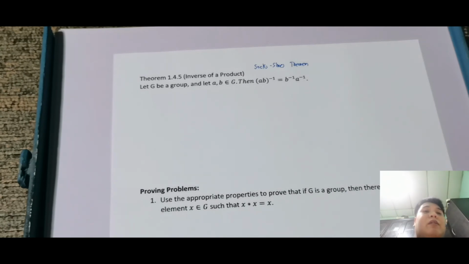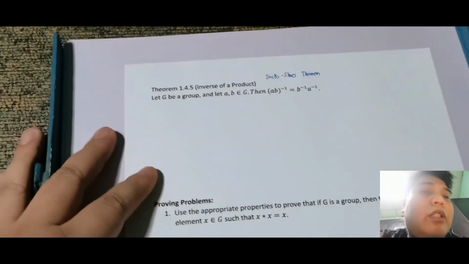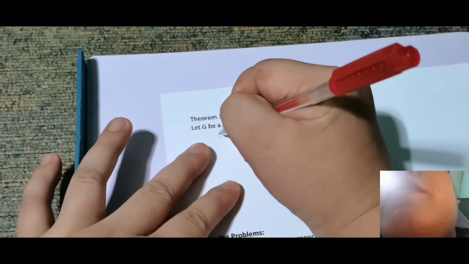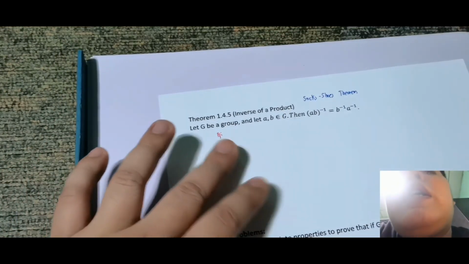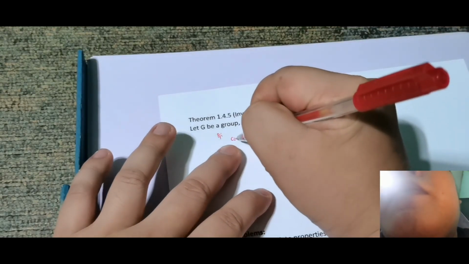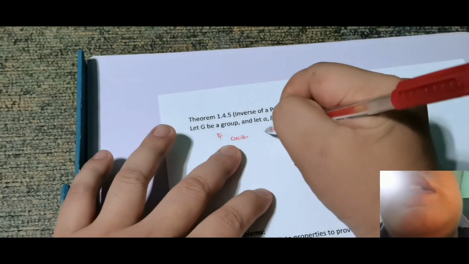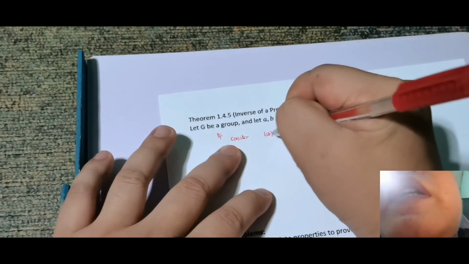So now, ang tanong is, paano natin siya ipoprove? Again, medyo tricky ito, so hoping na magigets mo yung idea ni sir para dito. So, here's the proof. Consider natin si (AB) inverse.